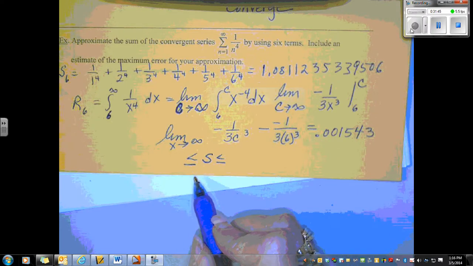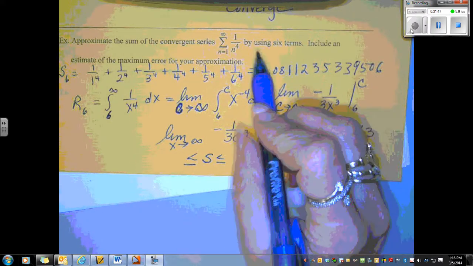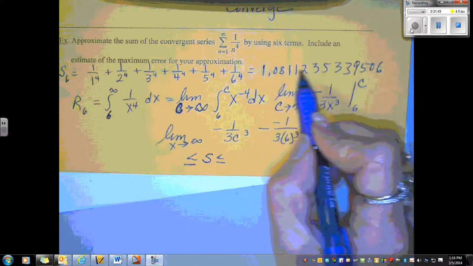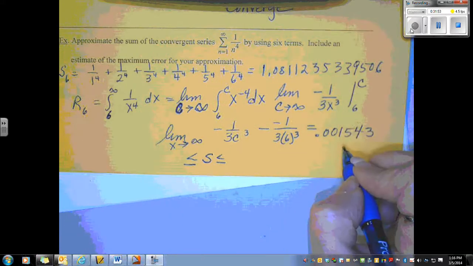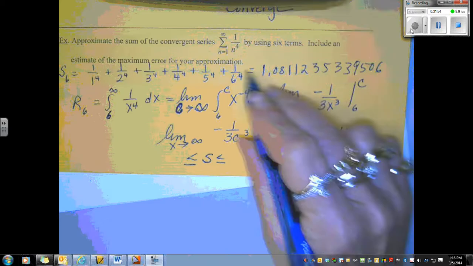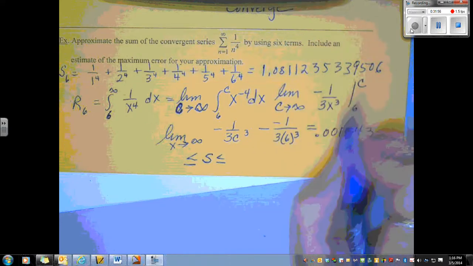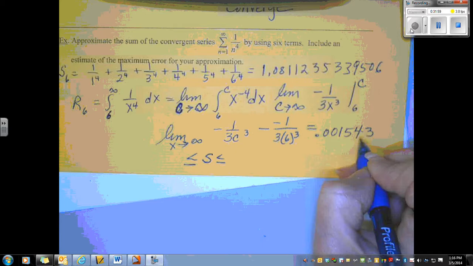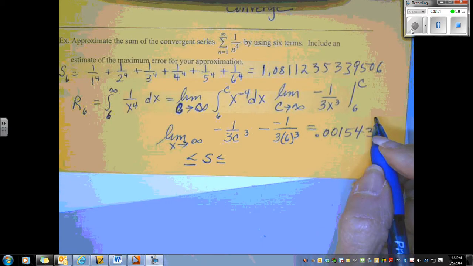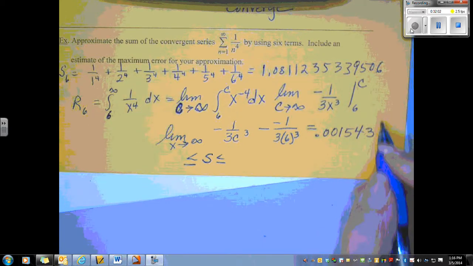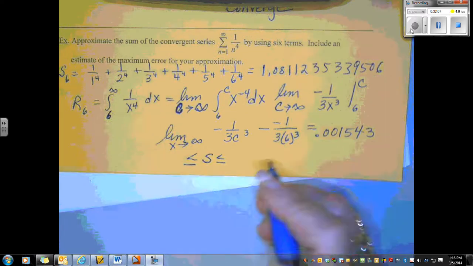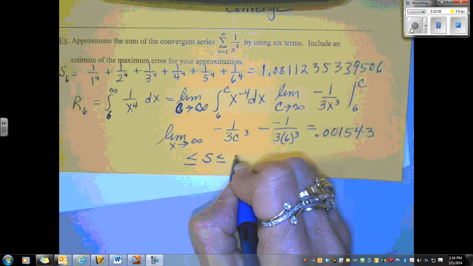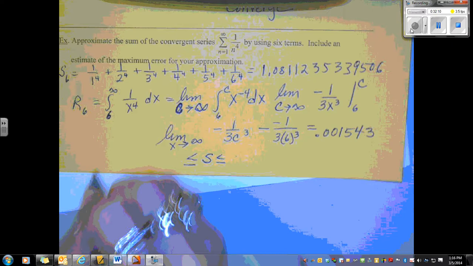Now, I want you to take this number right here, the big one, and add this to it, and somebody else take this big number and subtract this. Is that the remainder thing? Okay, I got subtract.